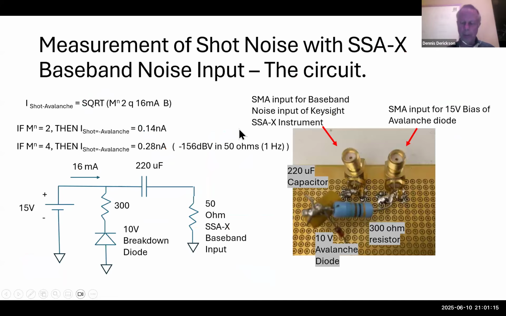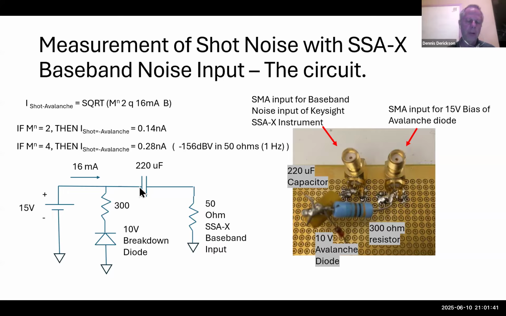So let's do an experiment and see if we can measure this effect with our SSAX baseband noise input. Here's the circuit I built. I took a 10-volt breakdown diode, which is more an avalanche mechanism breakdown diode. I put a 300 ohm resistor in series with it and attached it to a 15-volt power supply.